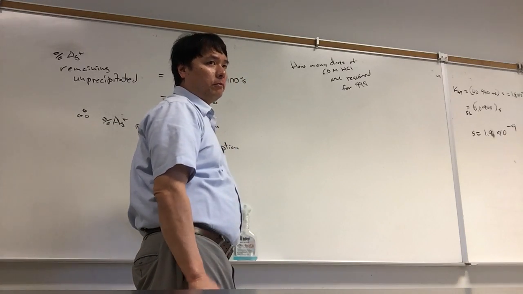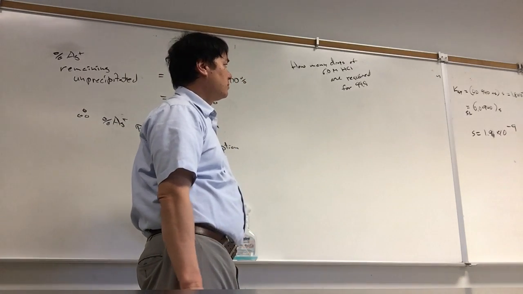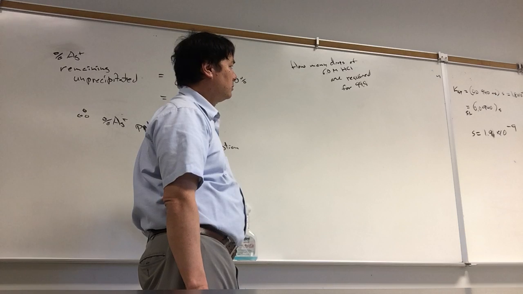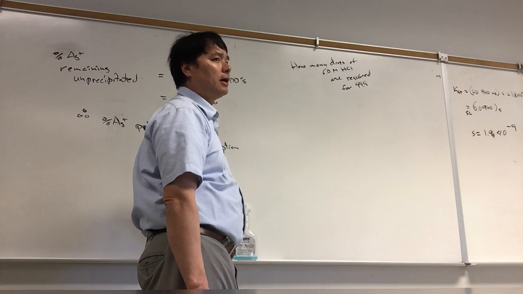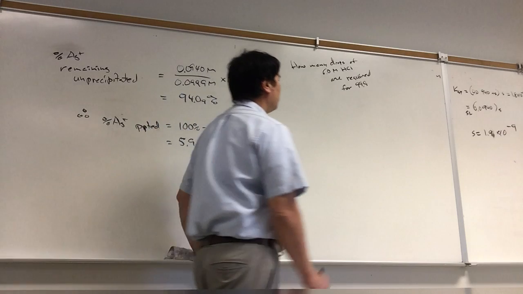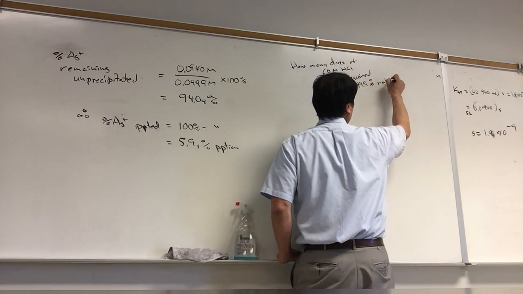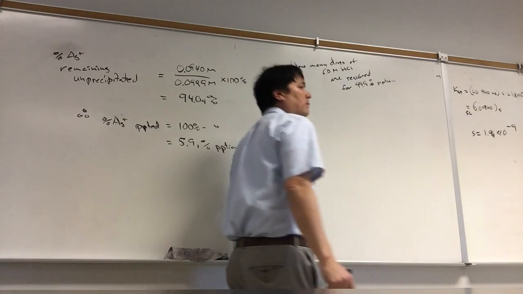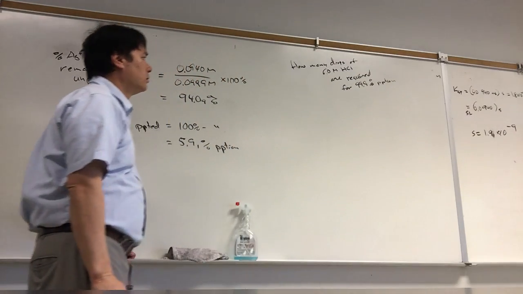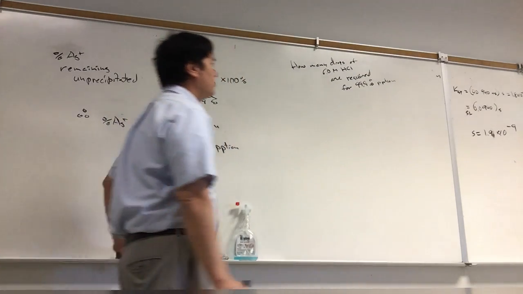Yeah, real complete precipitation is going to be impossible because we can't add enough. But for practical purposes, we're going to say that 99.9% precipitation is complete. So quote complete, unquote precipitation. How many drops?